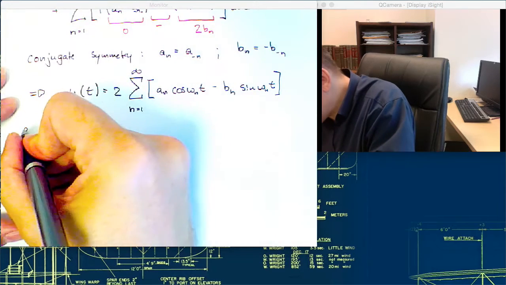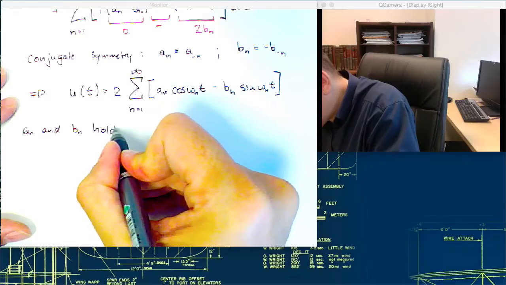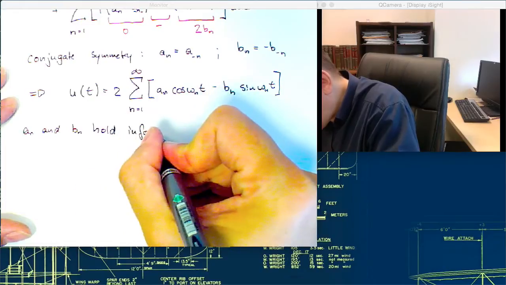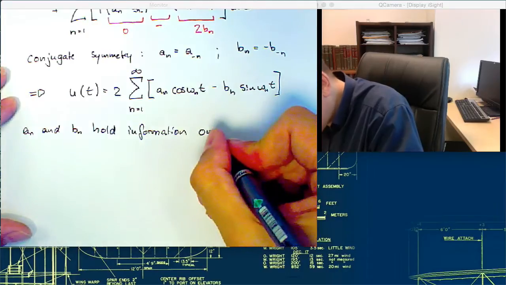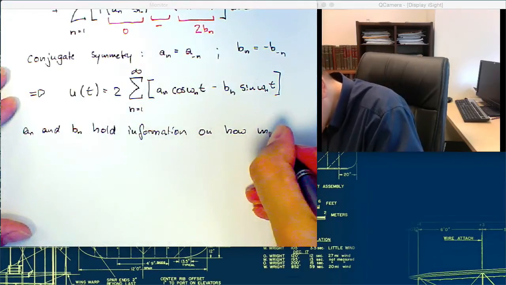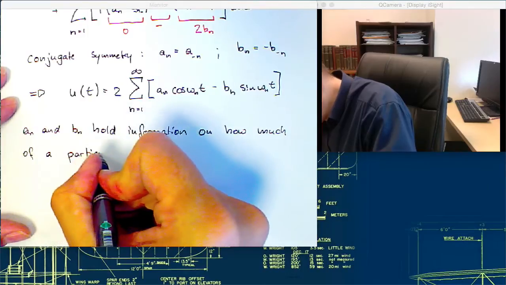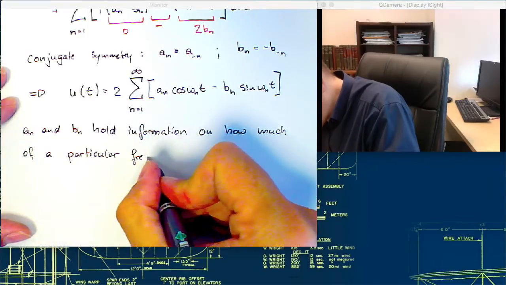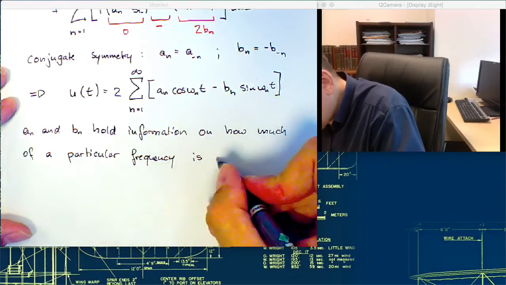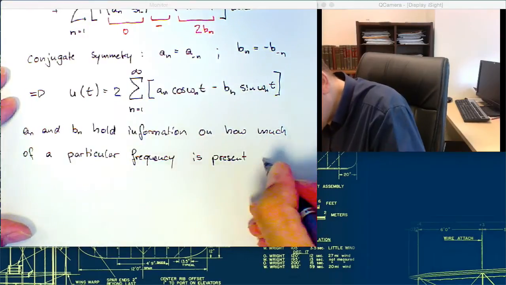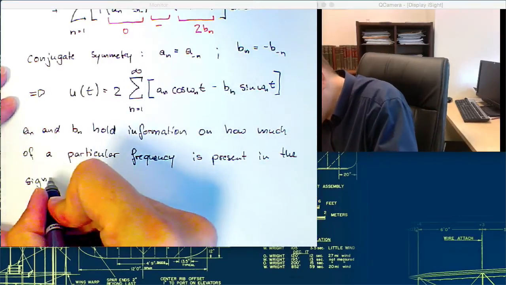So an and bn hold the information on how much of a particular frequency is present in the signal u of t.